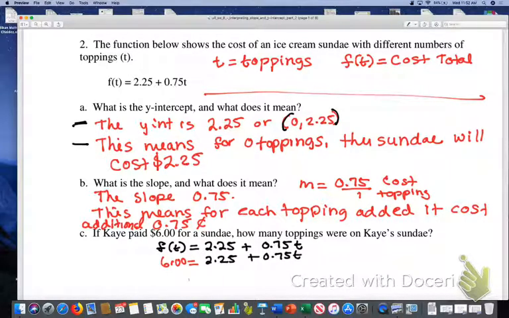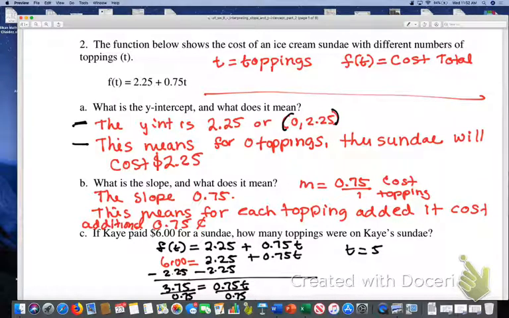And what's the goal here? And then you subtract the 2.25. Subtract 2.25. And then divide by 0.75. And then we have 3.75 equals 0.75 t. Divide by 0.75. You could have cleared it. If you have a calculator, t equals 5.